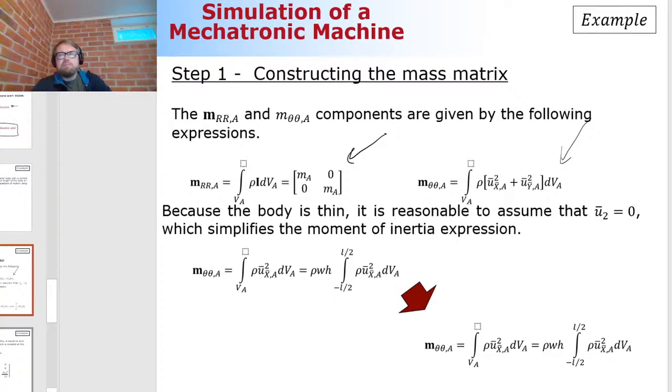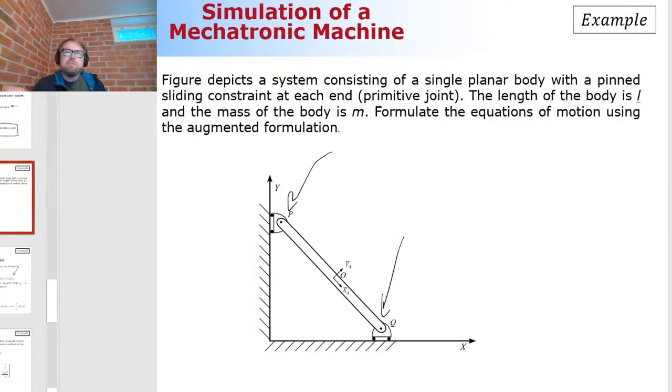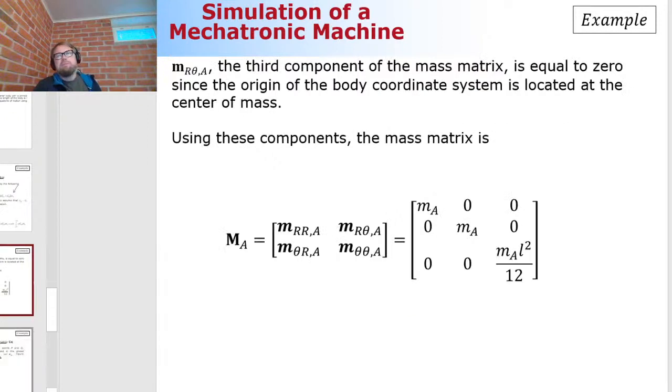And then the block that couples the translation and rotation will be equal to 0 because, look, the body reference coordinate system is located in the center of mass. Finally, my solution looks like this. This is the mass matrix of my system. This is the mass of the body, and this is the mass moment of inertia. Okay? So we're done with step number 1.